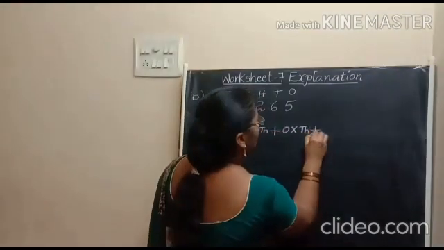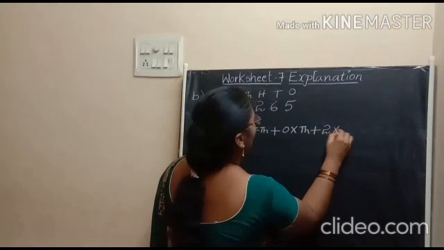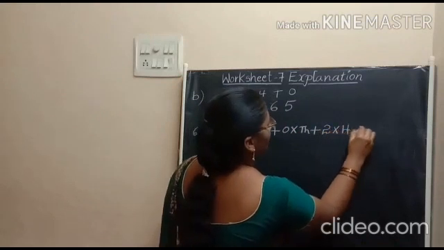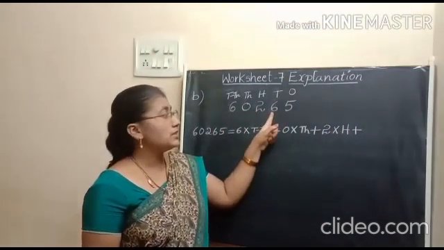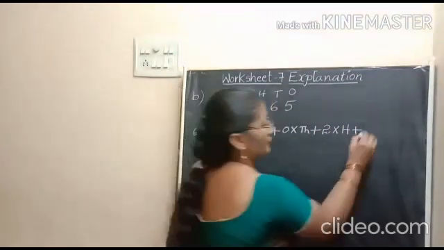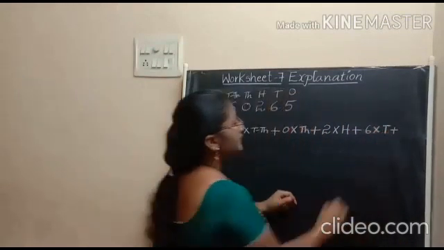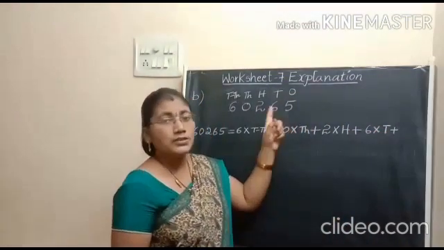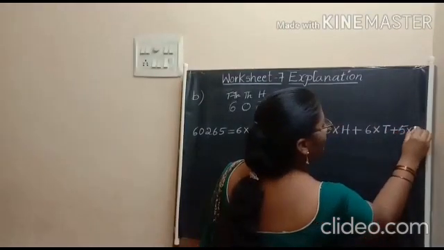And place value of 2. 2 is in hundreds place. Plus place value of 6 is 6 into tens, 6 into T. Plus place value of 5, 5 into ones.